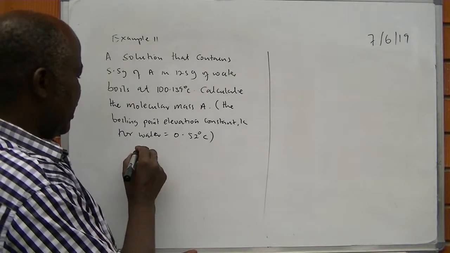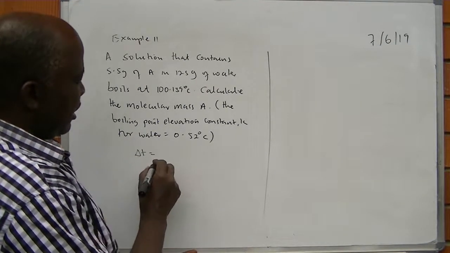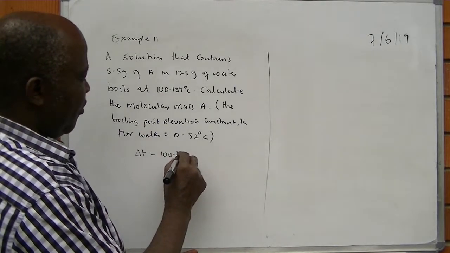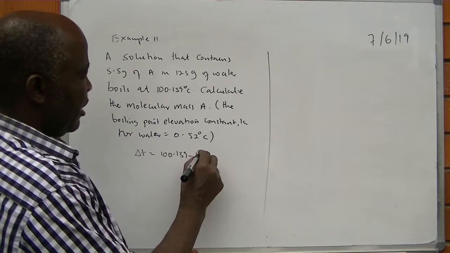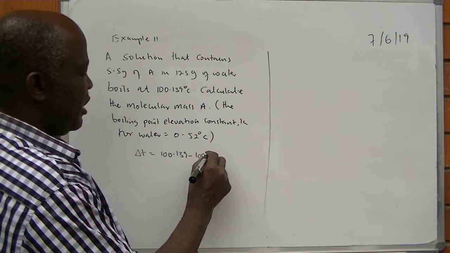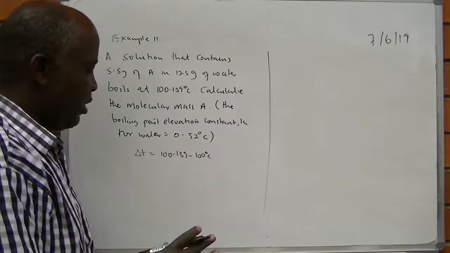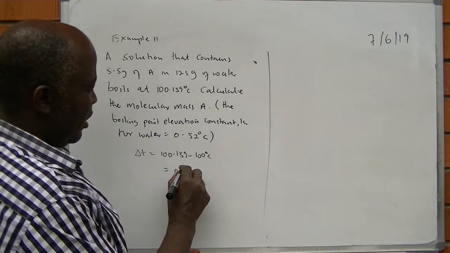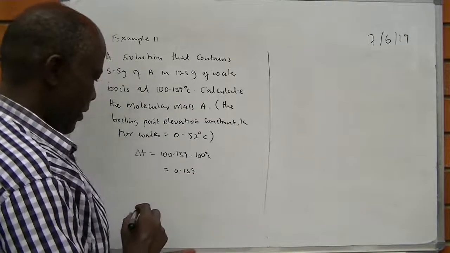First we get dT, which is equal to 100.139 minus 100 degrees. We know that water boils at 100 degrees, so this is equal to 0.139.